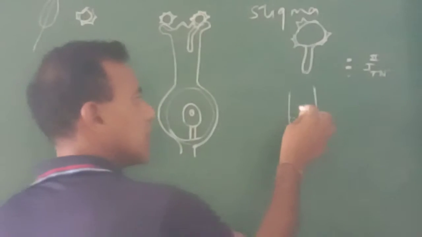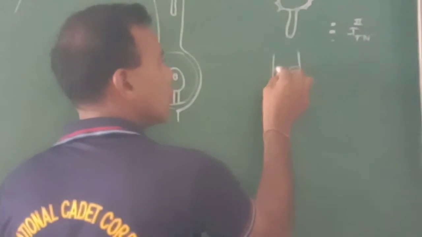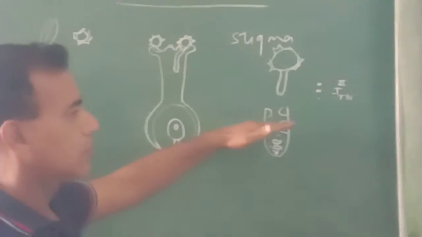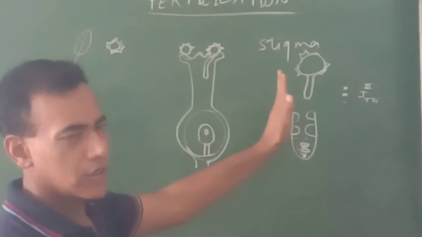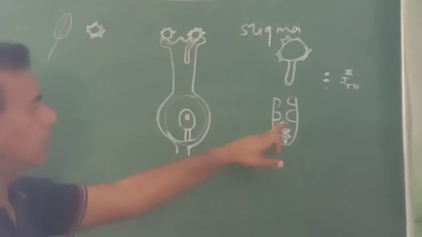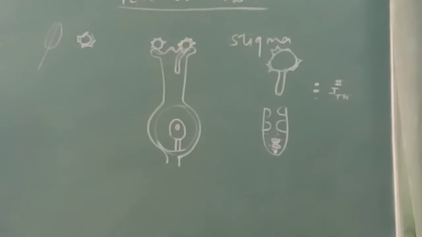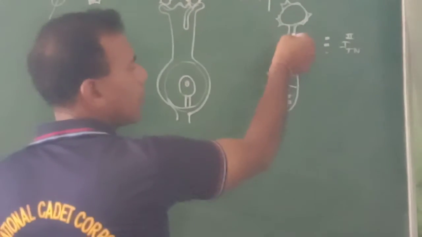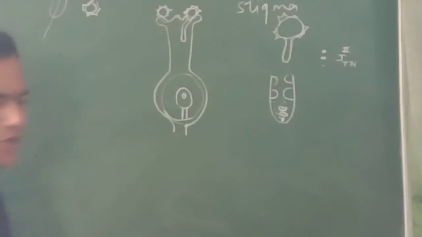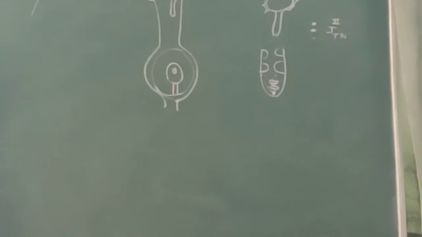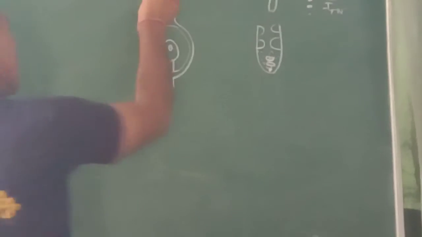These are followed by the callose plugs formed like this, which check the backward movement of this male germ unit. The pollen tube may be formed in some minutes or it may take a few days. The pollen tube enters into the style.